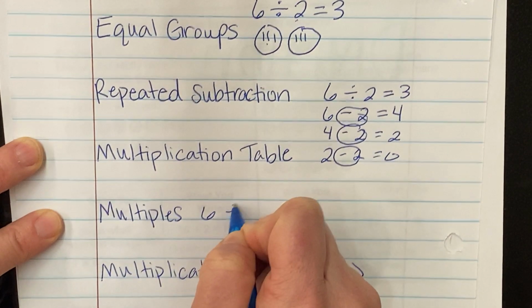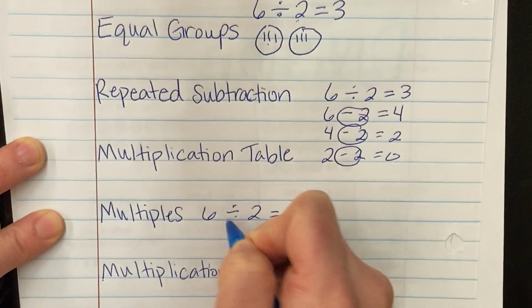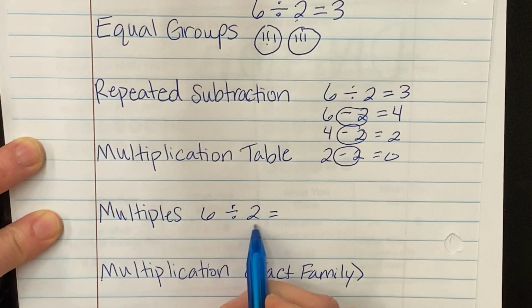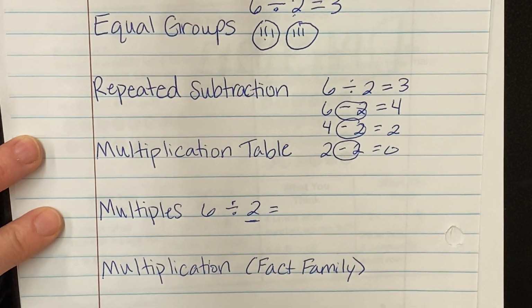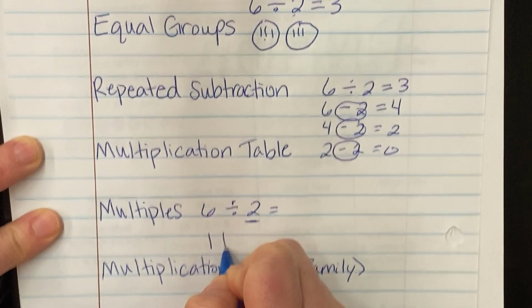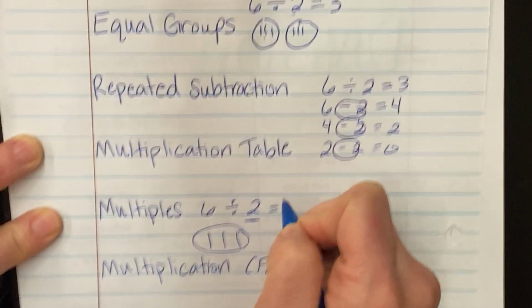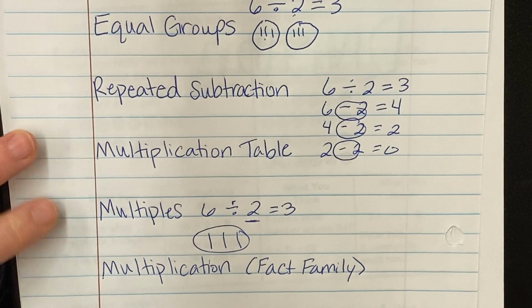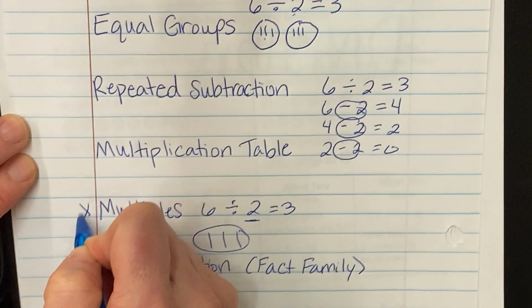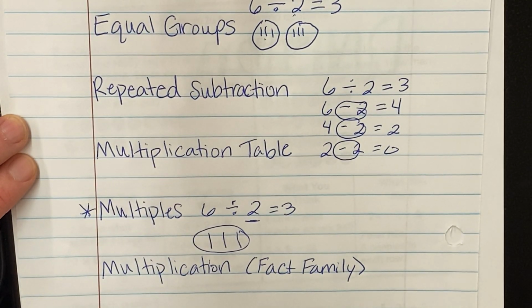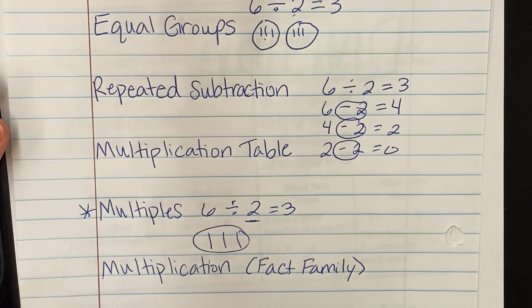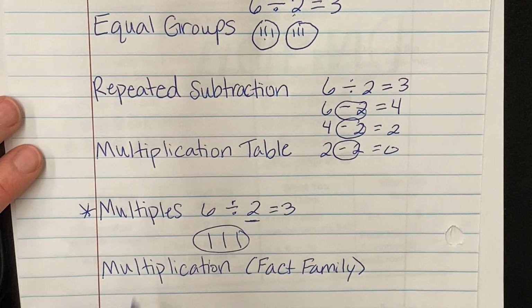So if you have 6 divided by 2, you would count by 2's up to 6 until you get your answer. 2, 4, 6. You counted 3 times. I would highly suggest this strategy if you know how to count the multiples of 2, 5, 10s, 3s. If you know how to count any multiples fairly easy, then that's probably your best choice.